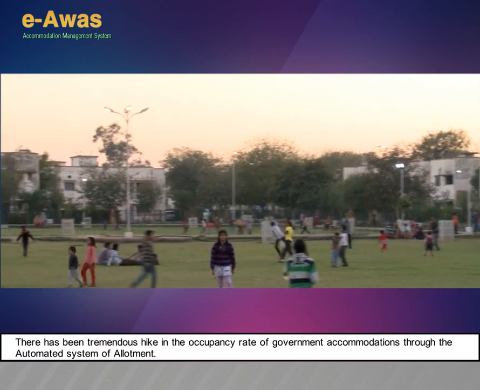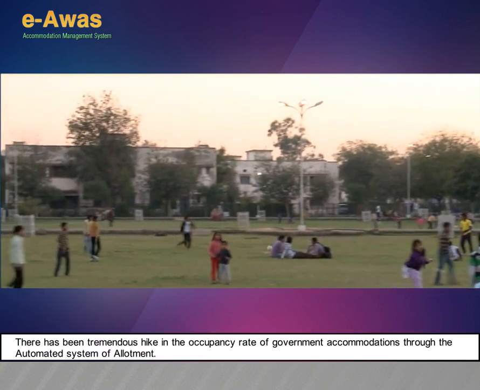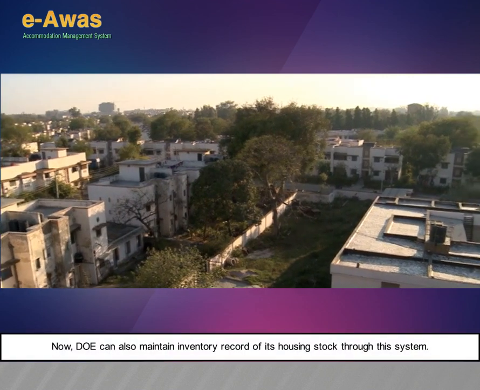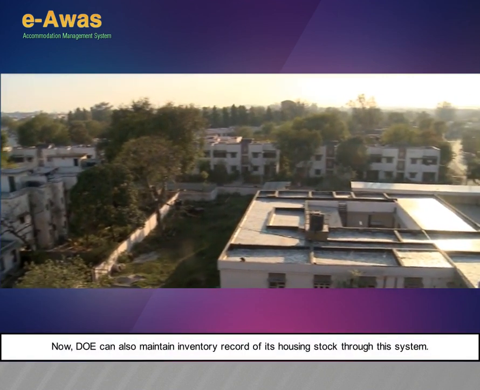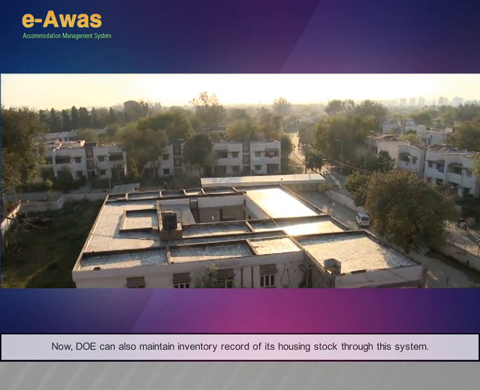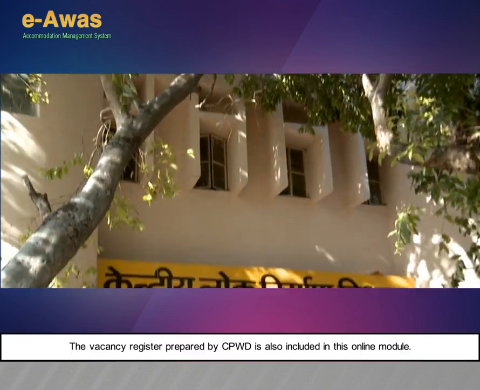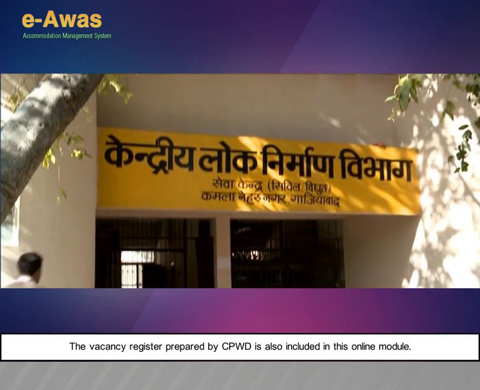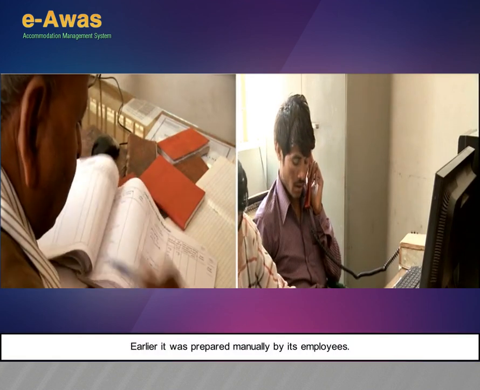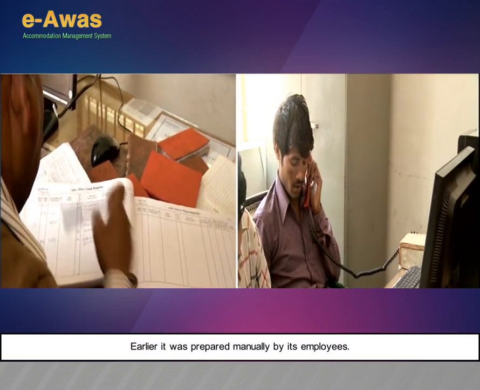There has been a tremendous hike in the occupancy rate of government accommodations through the automated system of allotment. Now, DOE can also maintain an inventory record of its housing stock through the system. The vacancy register prepared by CPWD is also included in this online module. Earlier, it was prepared manually by its employees.